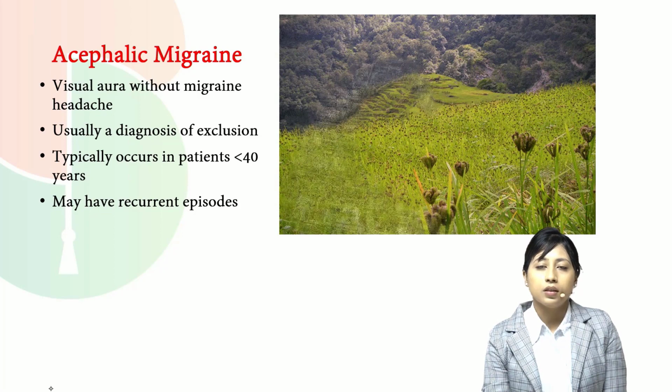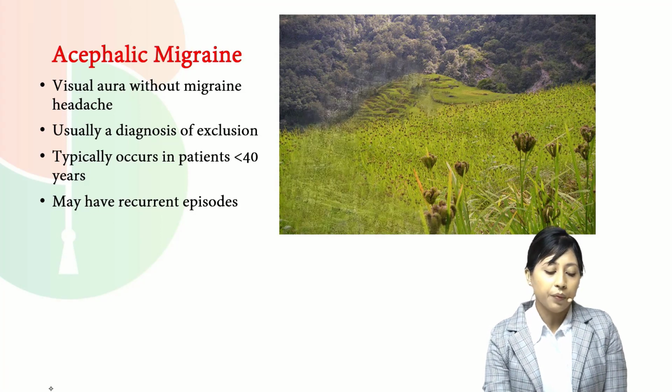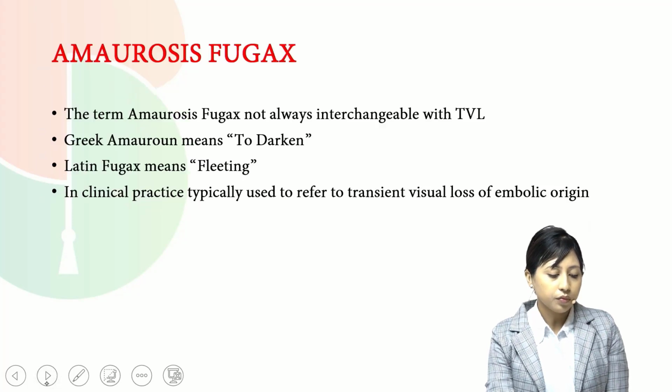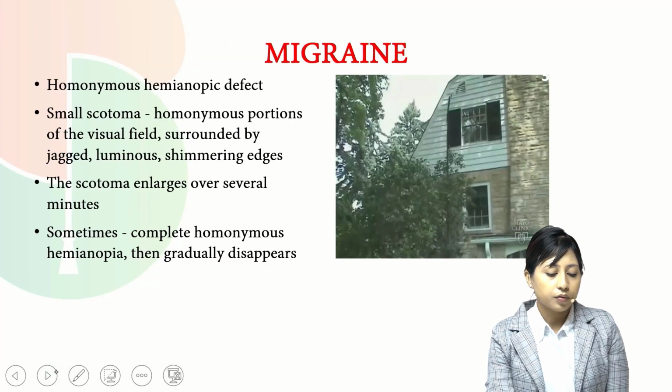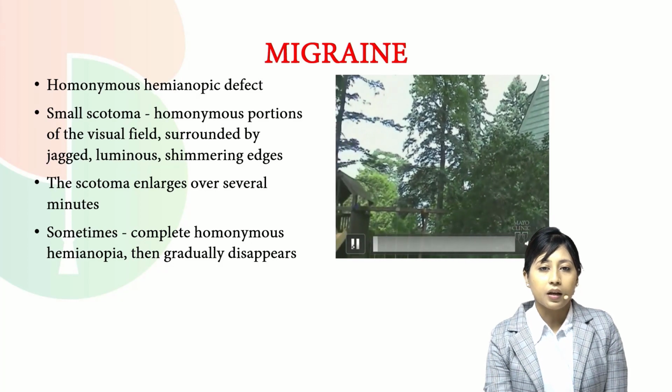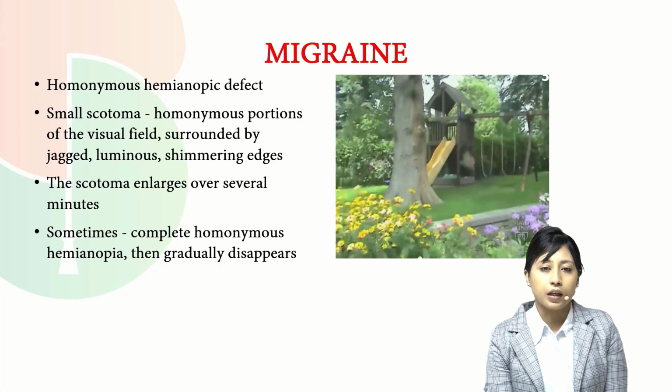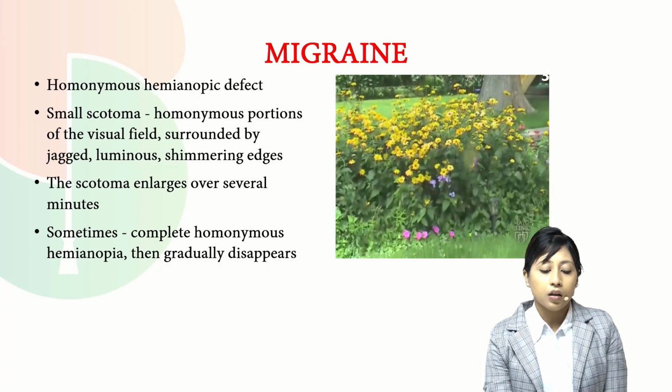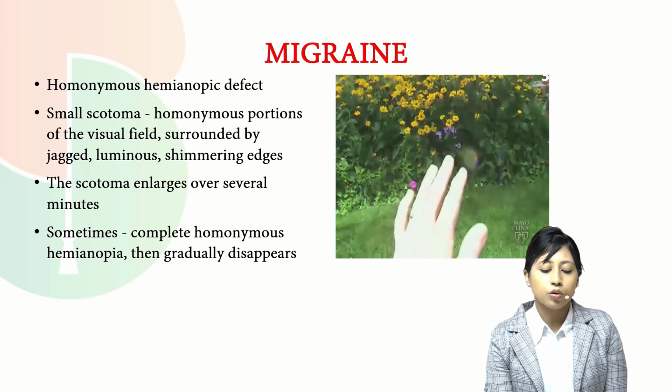So generally, migraine occurs in the less than 40 years age group, and migraine is also associated with the hemianopic defect. Okay, hemianopic defect, and in this video we can see the scotoma. In the migraine patient, they see the scotoma.